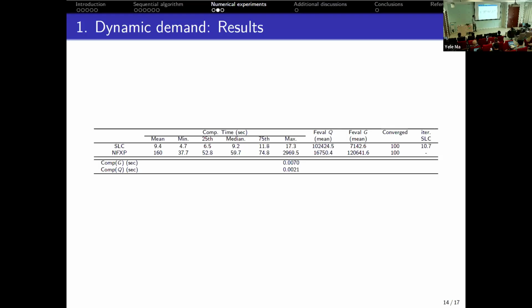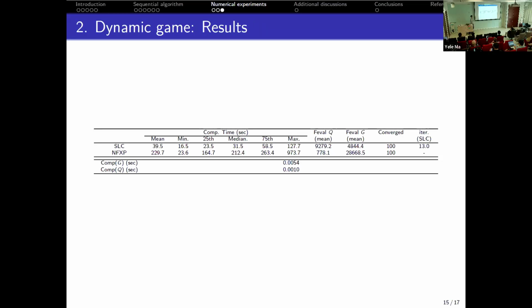But to evaluate the objective function Q, it takes only 0.0021 seconds. So regarding SLC, as shown here, the number of evaluations of G is much smaller compared to the case of the NFXP, even though the number of evaluations of Q is larger than the case of the NFXP. So that relative size of the evaluations of G and Q leads to large speedup.